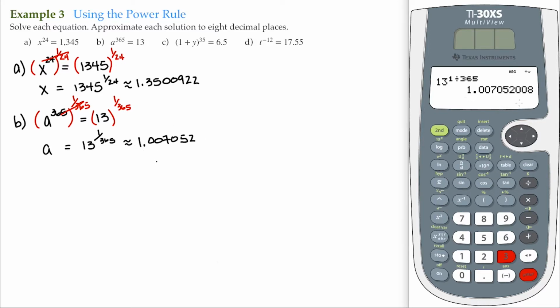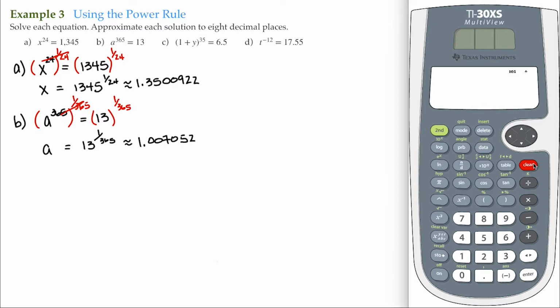Rather than check this, one way to check is to raise the unrounded result to the 365th power, and it'll get me exactly back to 13. That's because what is displayed on your calculator and what is held in memory are two different things. Your calculator can only display so many decimals, but in memory it holds hundreds of decimals.